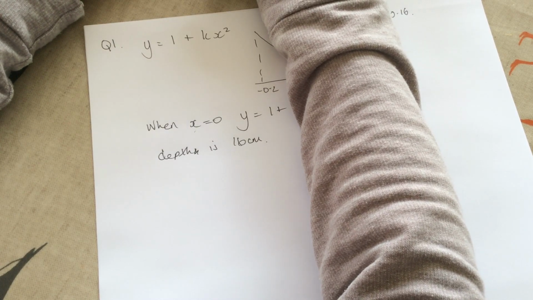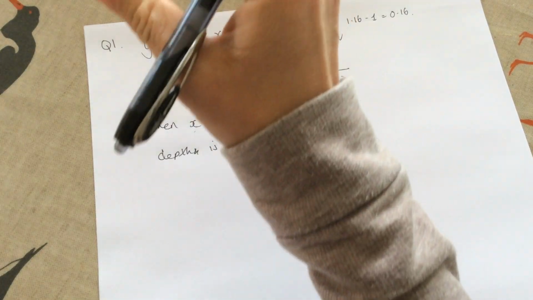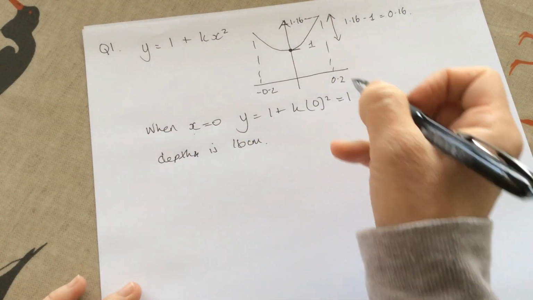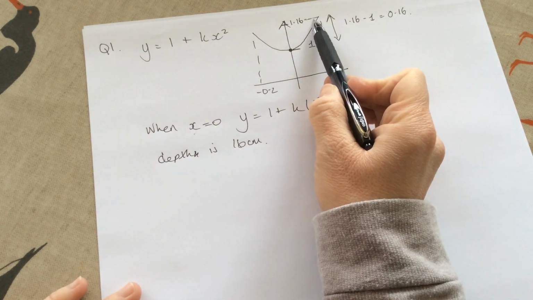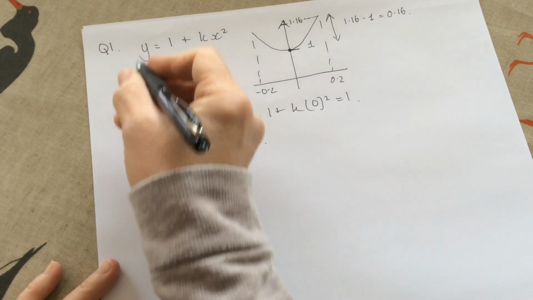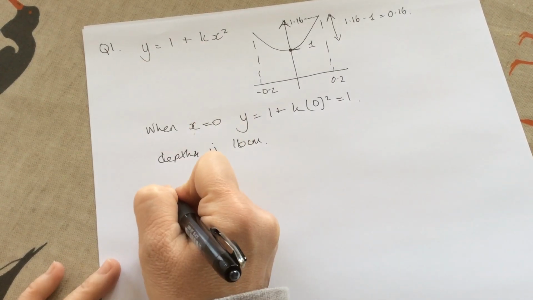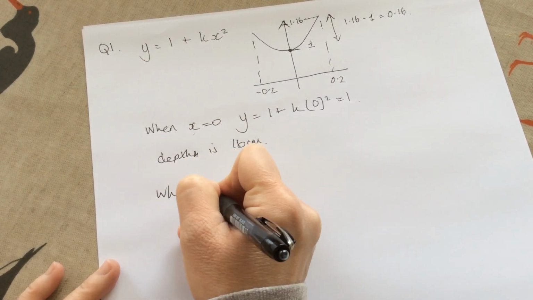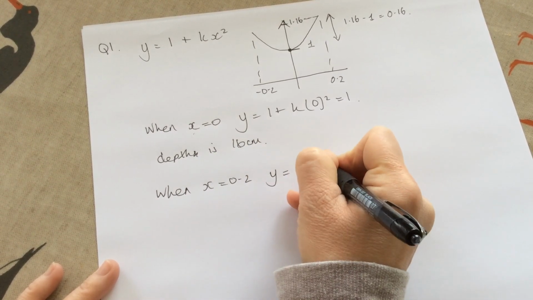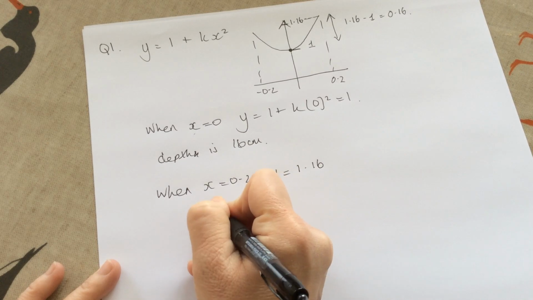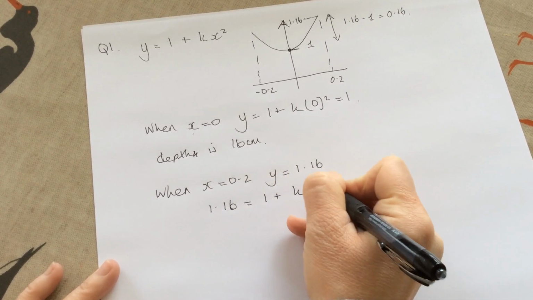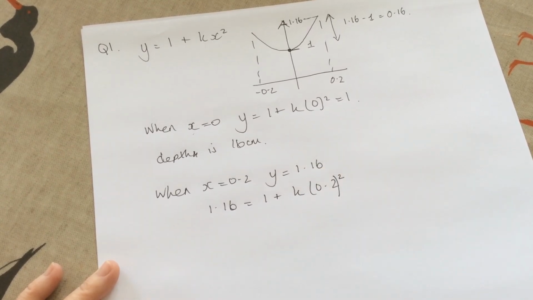Part B was find the value of k. What I know there is that the y-coordinate when x is 0.2 is 1.16. So I can take my equation and say when x is 0.2, y equals 1.16, and therefore 1.16 equals 1 plus k times 0.2 squared.